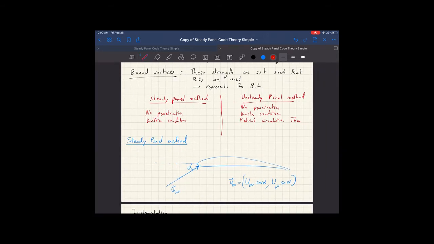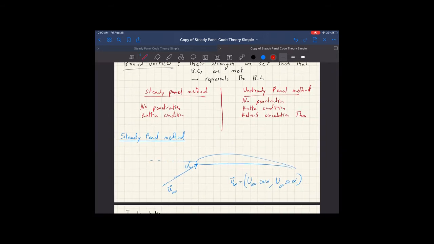So let's look at the steady panel method, and essentially the diagram here shows the actual problem we are looking at. So we are interested in an airfoil at a constant free stream and at a certain angle of attack. So if this is your wing here at an angle of attack alpha, then you can describe your velocity vector in your wing's frame of reference.